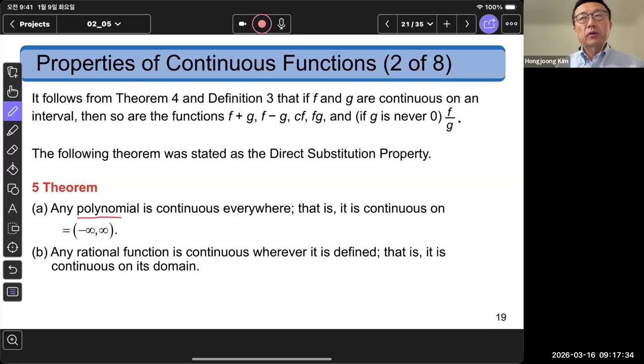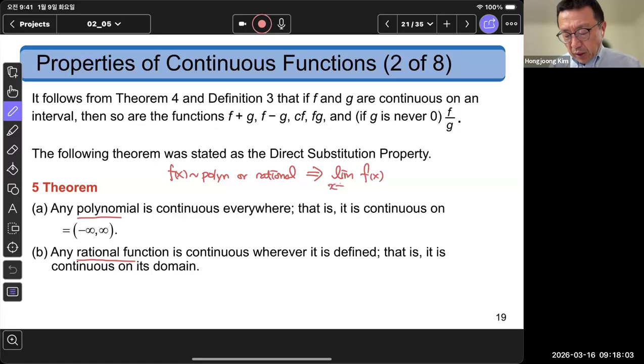As an example, consider a polynomial. We previously learned that polynomials and rational functions have a special property: if f is a polynomial or rational function, then the limit of f of x as x approaches a is f of a, for every a in the domain of f.